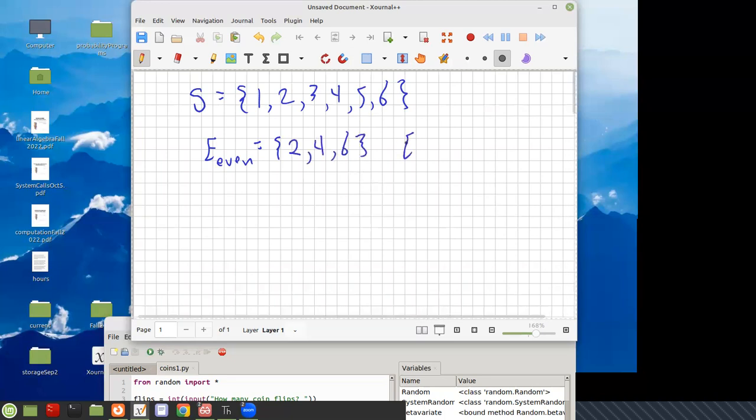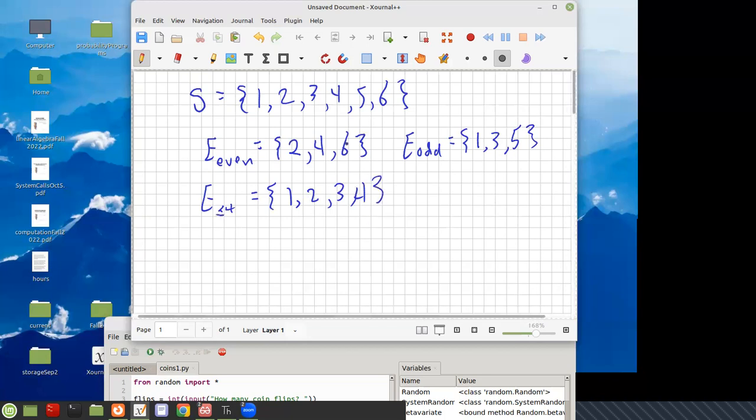Or the event where the face that showed up on the dice was odd. Or we could have that it was just less than 4, like that, or less than or equal to 4.